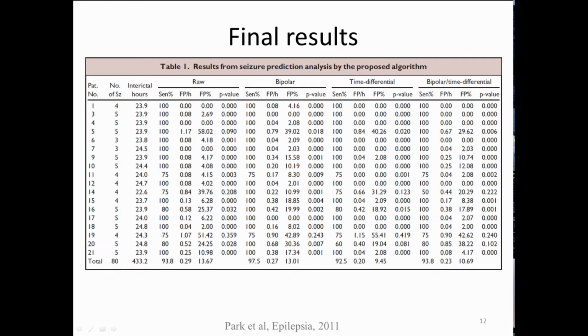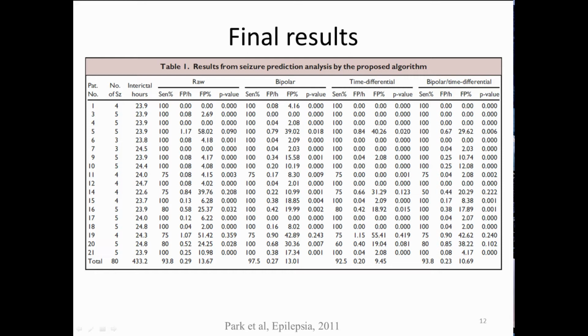It looks like the highest sensitivity was around 97.5%, with false positive rates around 13%, or one false positive every 6 to 8 hours. So this prediction rate is pretty high.